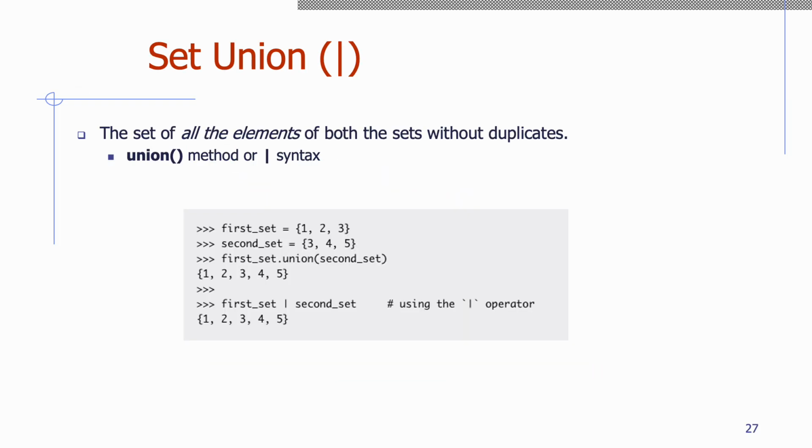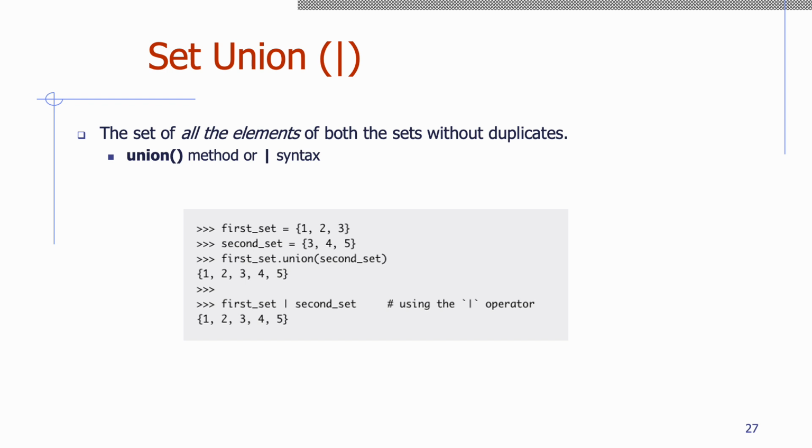Let's have a look at a set union example. As a reminder, the set union returns the set of all the elements of both sets without duplicates. In the first set we have 1, 2, and 3 in curly braces. In a second set we have 3, 4, 5.